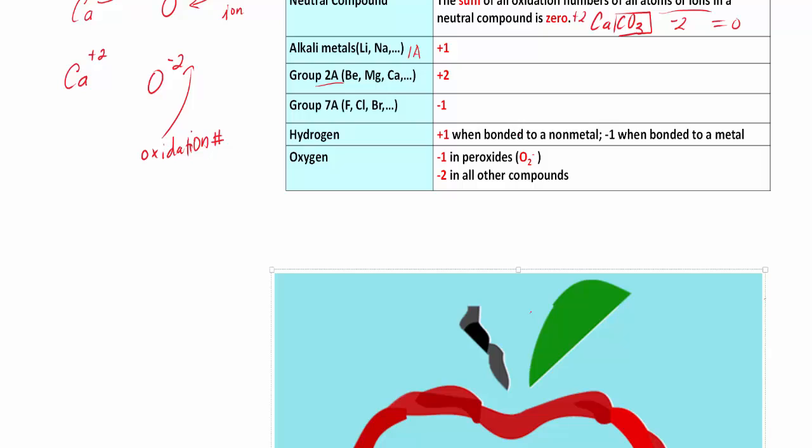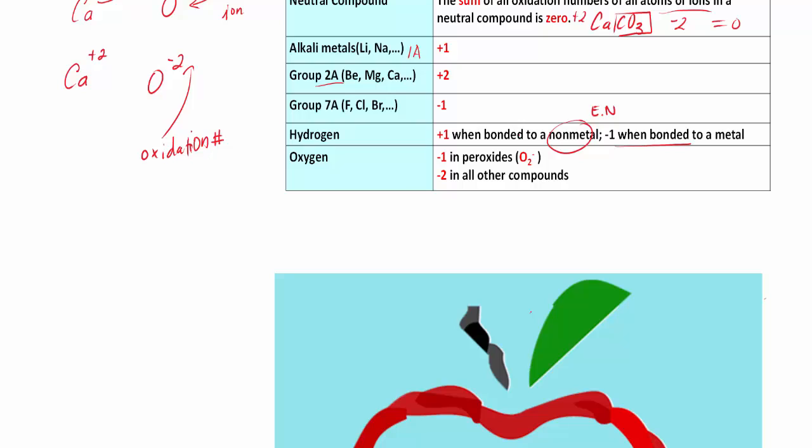First, we have hydrogen. Remember, hydrogen is in group 1A, but hydrogen is a nonmetal that can gain 1 electron or lose 1 electron to be stable. When it is bonded to a nonmetal, it is losing 1 electron because nonmetals are very electronegative, so they will gain the electron from hydrogen.